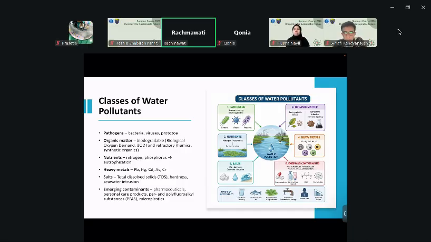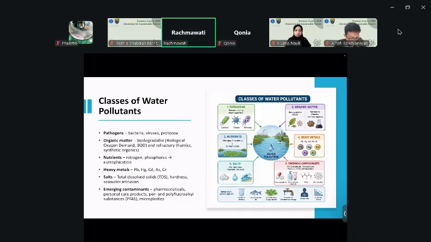And there is also PFAS, or per- and polyfluoroalkyl substances, which we are also concerned about. There are also microplastics. So these are the classes of water pollutants.